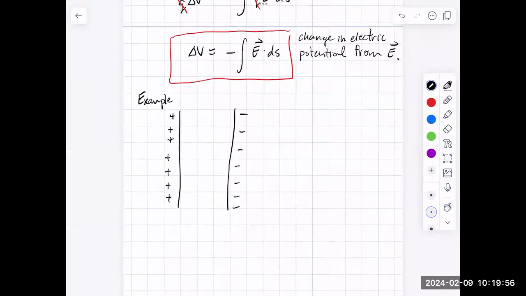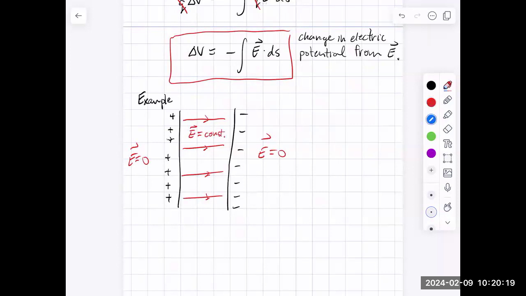And something that we saw maybe last week or two weeks ago was that the electric field between two charged plates is constant, and outside the plates, E is equal to 0. So E is equal to 0 outside the plates, and here E is equal to a constant.